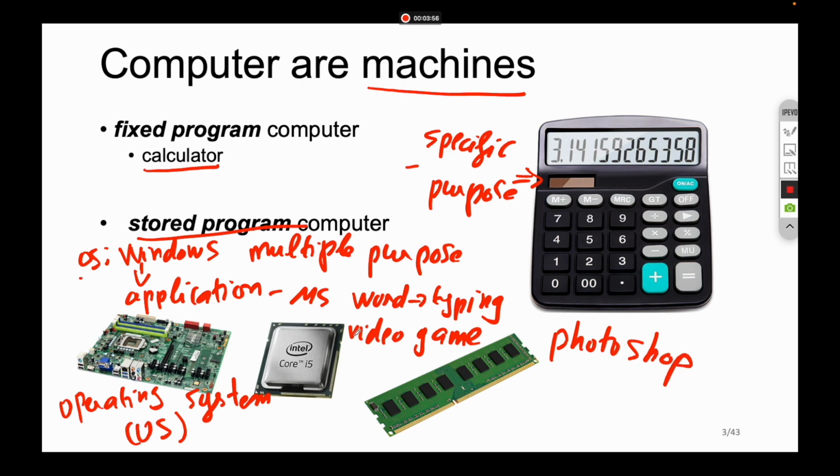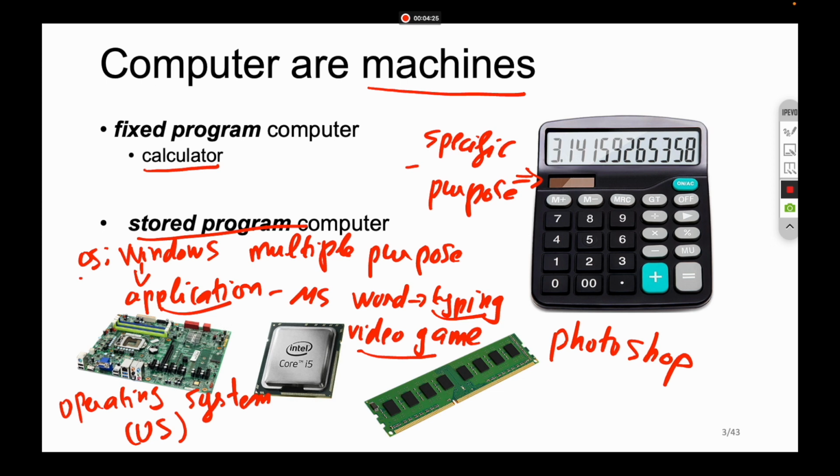So you can easily figure out that the function of this computer is based on your application. When you open Microsoft Word, you can type in your document. When you open a video game, you can play for entertainment. It depends on the application.